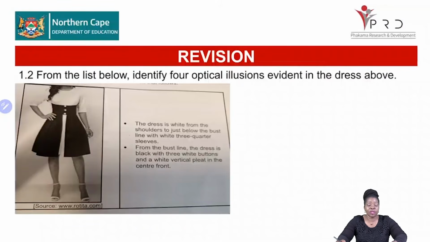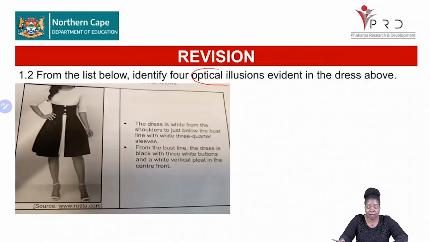Question 1.2 says, from the list below, identify 4 optical illusions evident in the dress below. So it's not above, it's supposed to be the dress below. I'm sure you can see, learners, there is the dress, and next to the dress there is information about the dress.